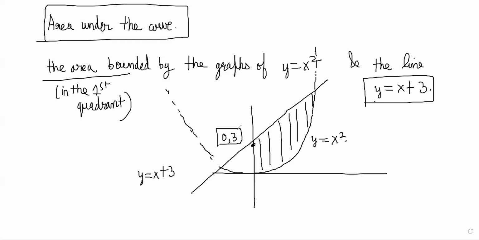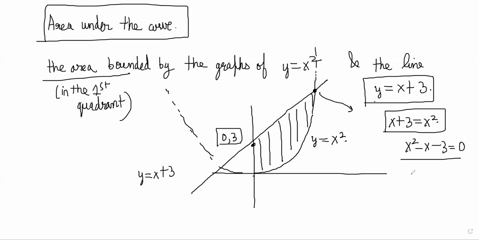So first of all, you should figure out where they intersect, right? Because then only we know which limits x goes from where to where. So this intersection point will be when the two graphs are meeting. So x + 3 should be equal to x squared, right? So x squared minus x minus 3 should be 0, and you will get x = (1 ± root(1 + 4))/2, that is (1 ± root 13)/2.